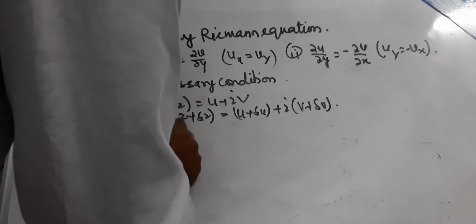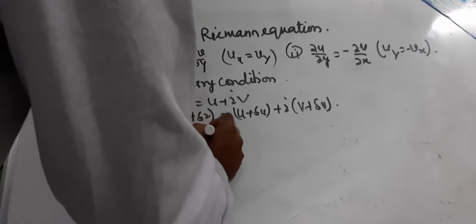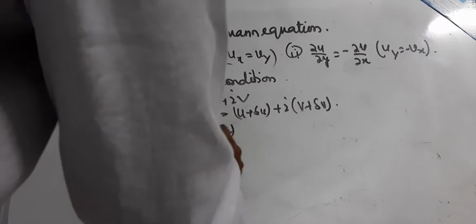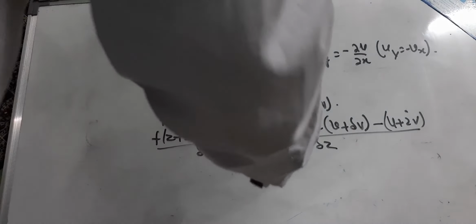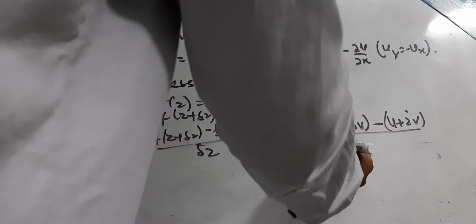So f(z plus delta z) minus f(z), divided by delta z, is equal to u plus delta u plus i v plus delta v, minus u plus i v, divided by delta z.